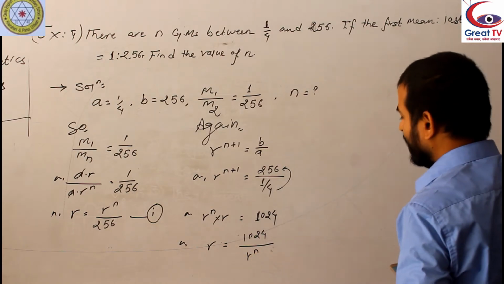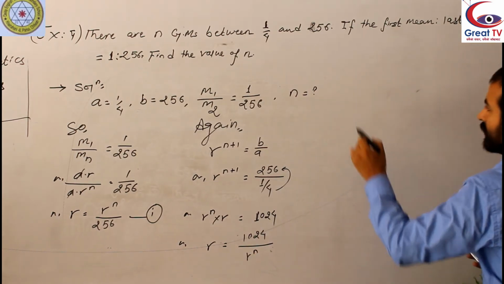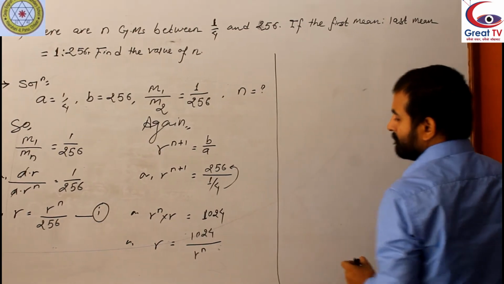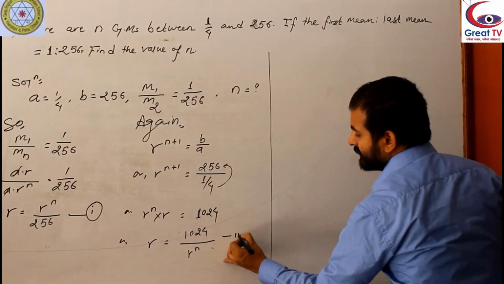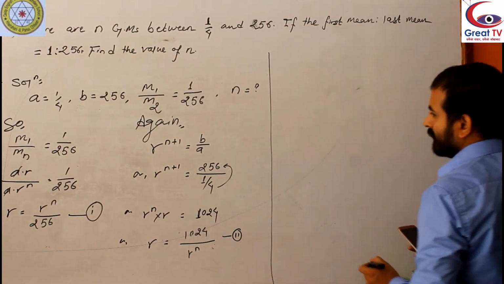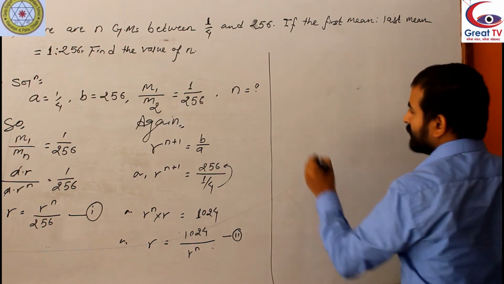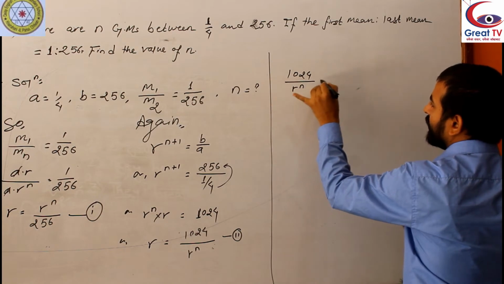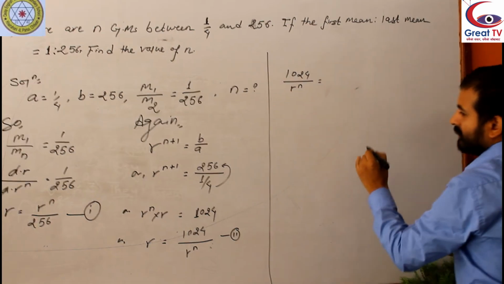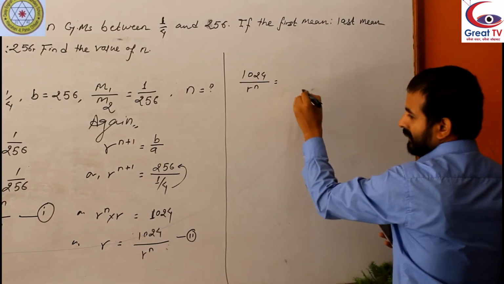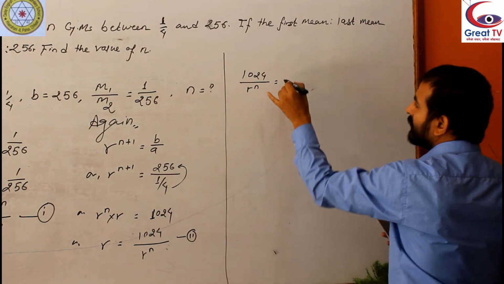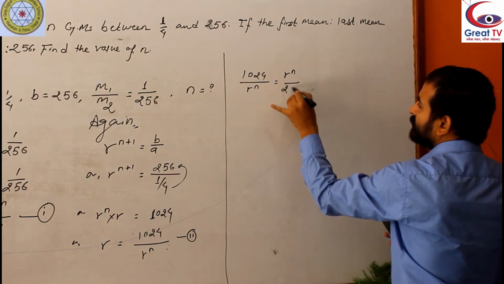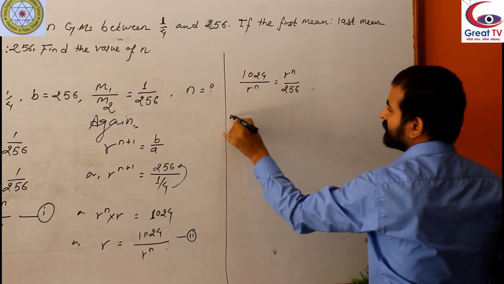Look here, okay? Again, when these two equations are equal, what we can write here is 1024 by r^n equals, the second equation gives us, r^n by 256.